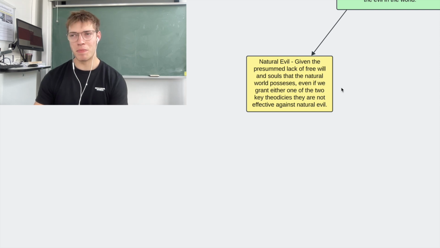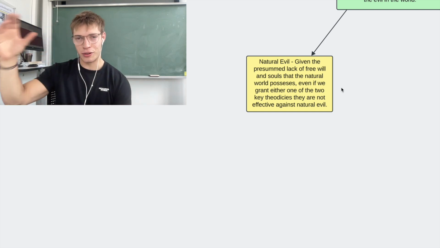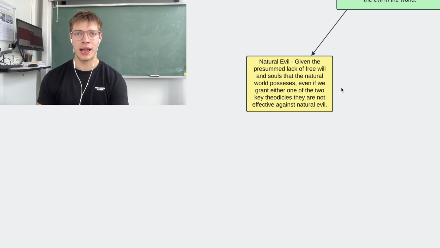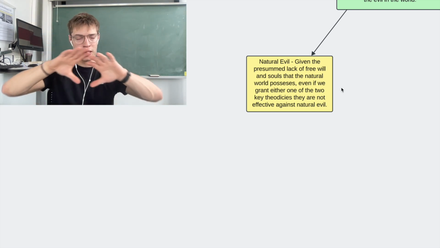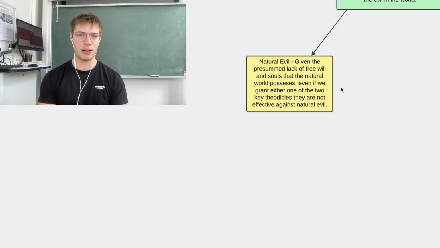And it just doesn't seem very plausible that God exists and this type of natural evil exists. And even if we grant the two theodicies, or the three even theodicies that we've talked about, it still doesn't seem to work for natural evil. So the evidential problem and the natural problem seem very big problems in this unit. That's one place you could go in an essay.